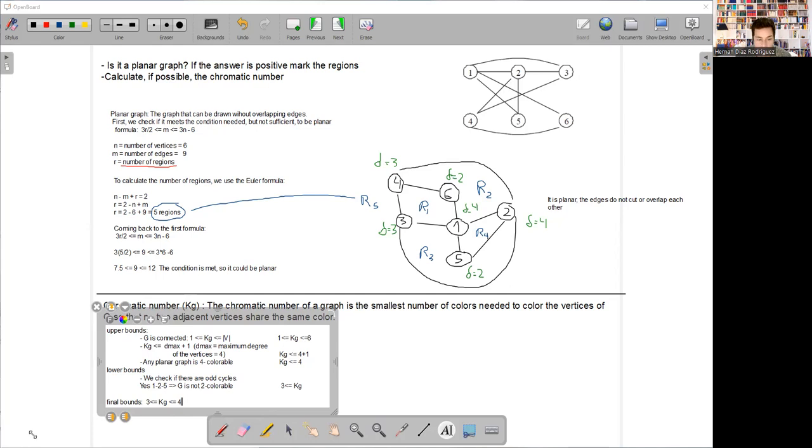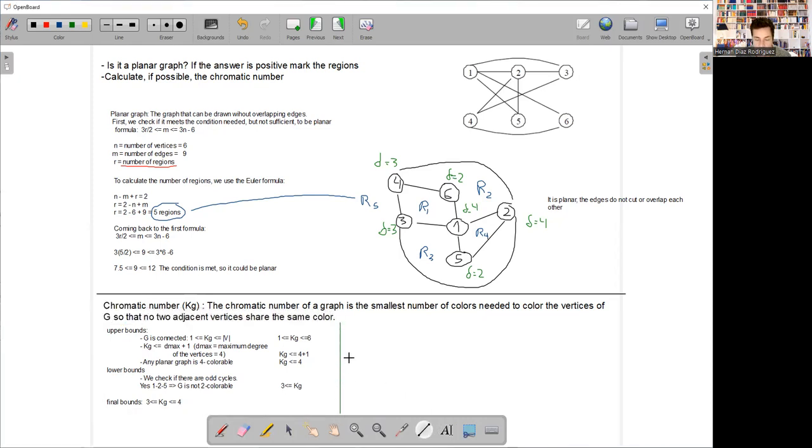So what we are going to do is color the graph according to the coloring algorithm, to see which is the final number, right? So to color the graph, first we list the vertices ordered by degree, right?